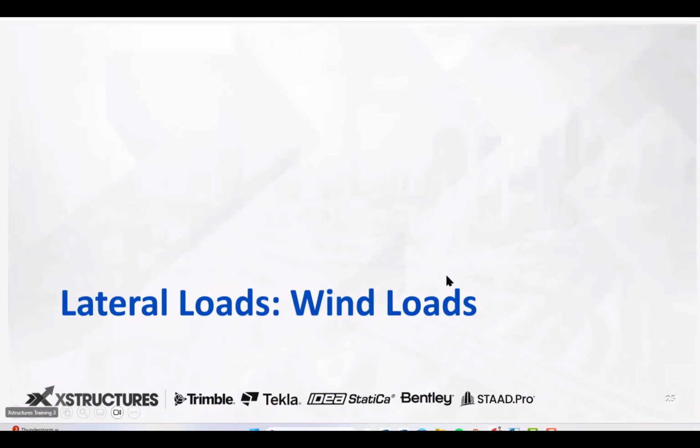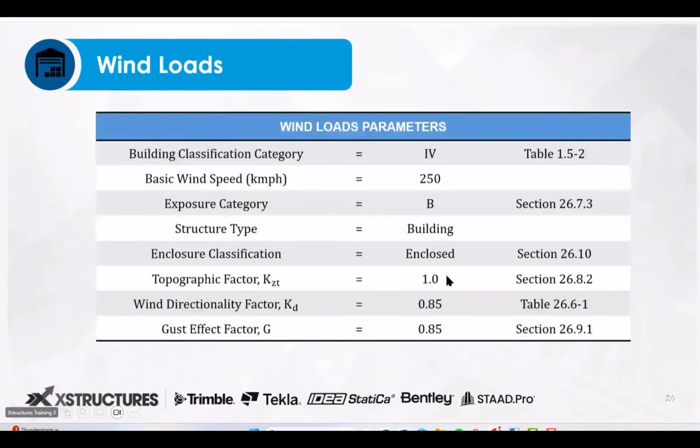So here, as presented in my PowerPoint, you can see the building classification category of 4, which is in accordance with table 1.5-2, basic wind speed of 250 kilometers per hour, exposure category B, and structure type is a building structure. Enclosure classification, I assume it to be a fully enclosed structure.